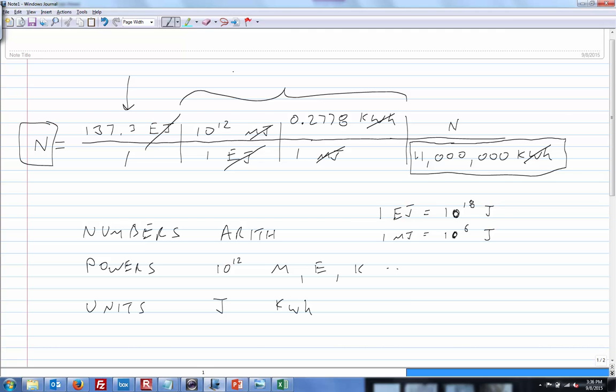So this number is really just the number 1. I mean, really all I did, it might sound kind of silly, but I just multiplied 137.3 exajoules by the number 1, and then I multiplied it by the number 1 again, because if we take a look on page 529, I can see that 1 megajoule is 0.2778 kilowatt hours. There it is right there.